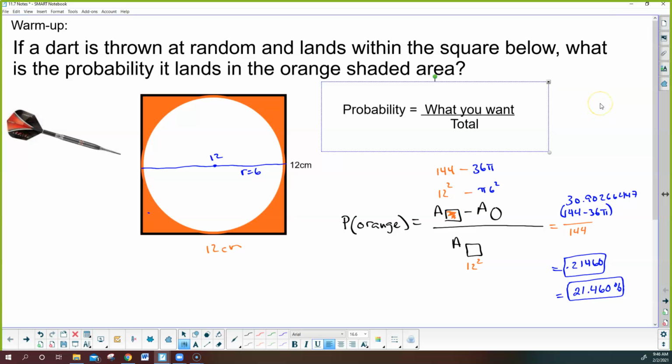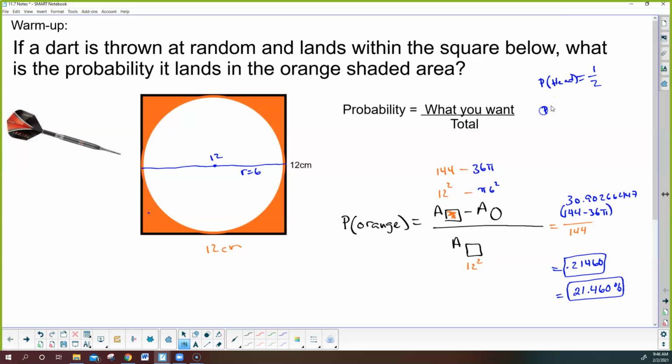And if you need a little more explanation on how and why we think of probability, think of flipping a coin. You don't have to write this. This is just a little side work here. If I said you flip a coin once, what's the probability of you getting a head? Well, what you want is a head. There's one head out of two total options.